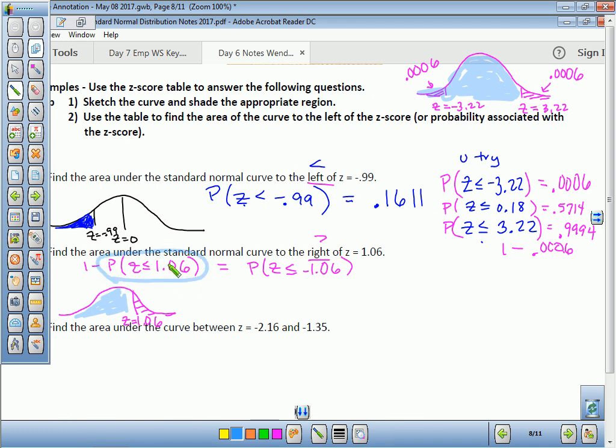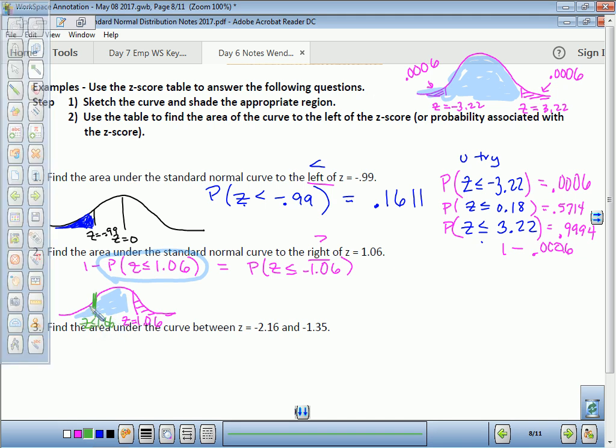So we could do 1 minus the less than, or, this is easier and better, we can just use symmetry. Z is less than or equal to negative 1.06, which is the exact same area, because it's symmetric, on the other side of the curve.